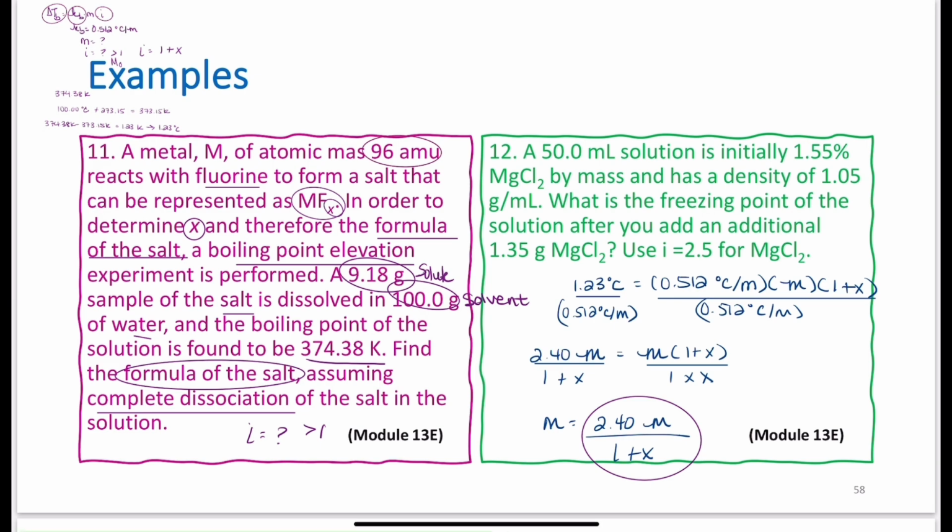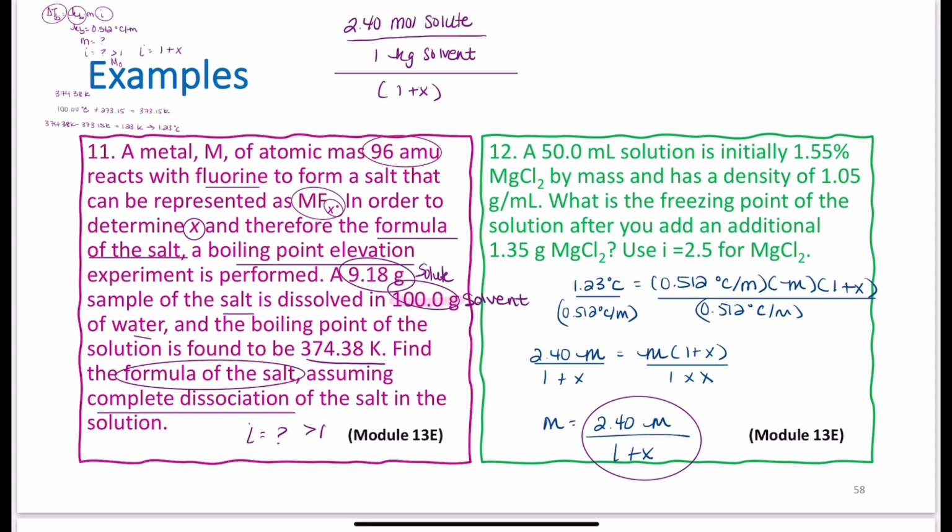Okay. So what I mean by that again is that value down there, that 2.40, means I have 2.40 moles of my solute, or you could write MOFX, whichever one you prefer, over 1 kilogram of solvent, and that whole thing has that 1 plus x in the denominator. That's my molality. The question told me that I had 100 grams of solvent in here.